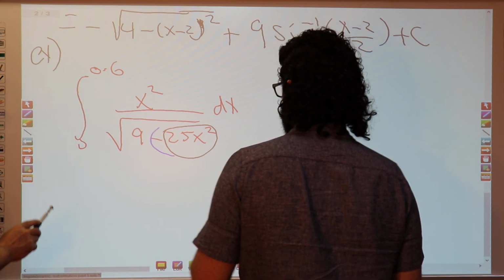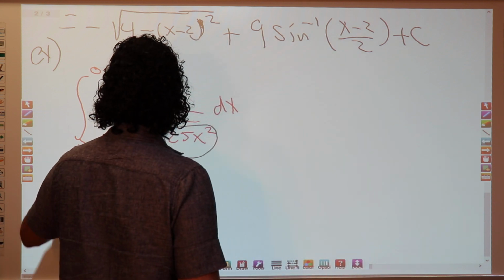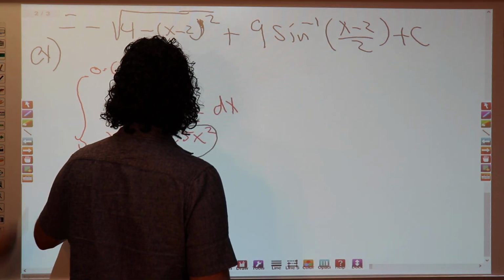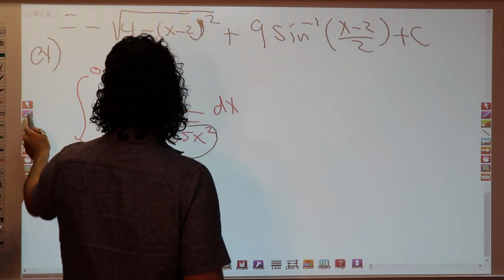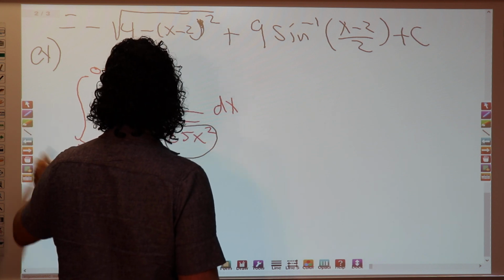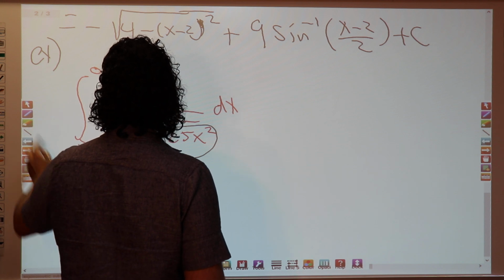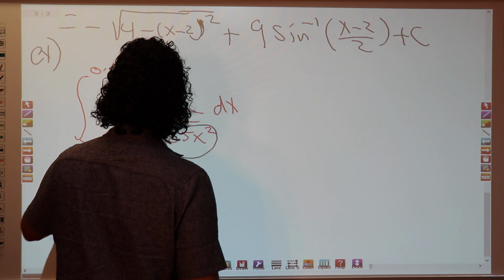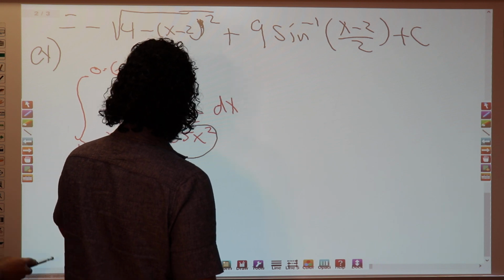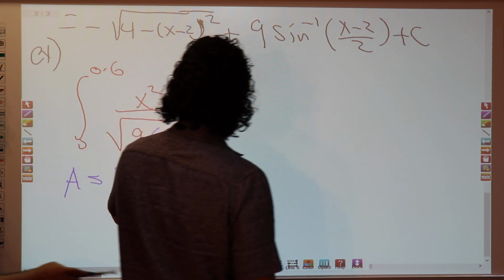A is 3. Write down A, exactly as I do. And B is 5.